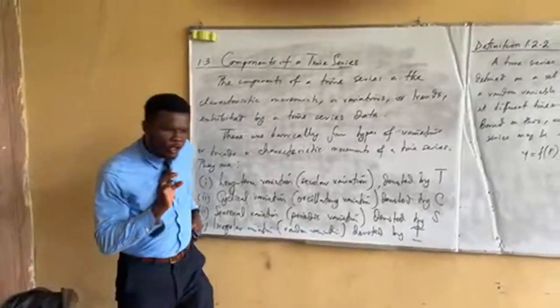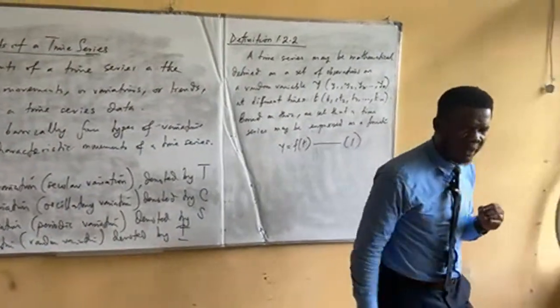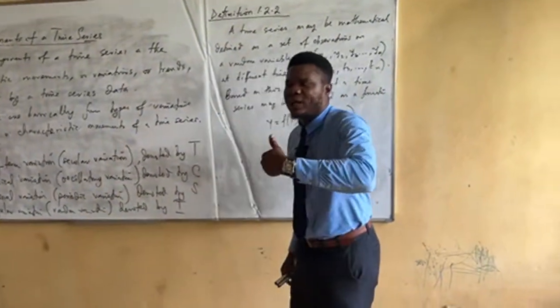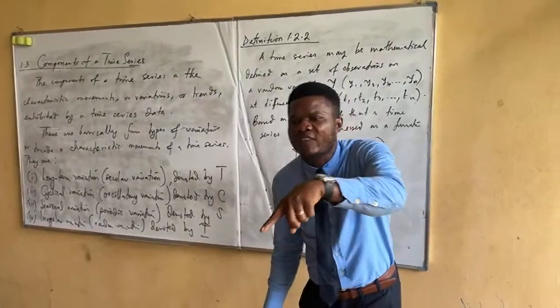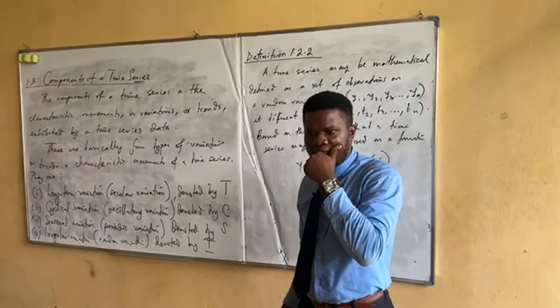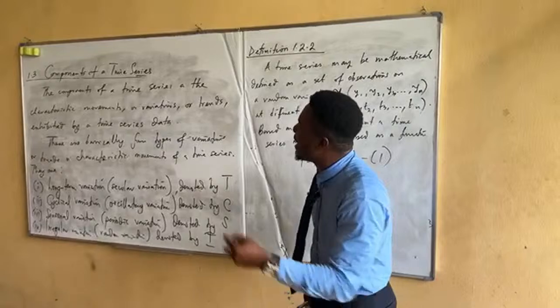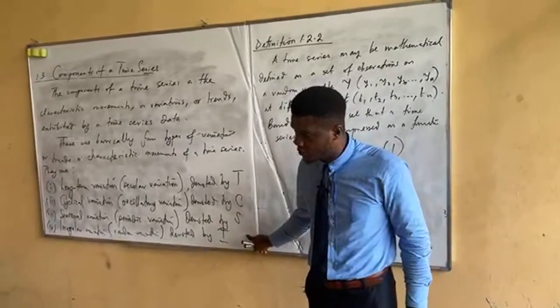Now, you will notice that number 1 under this subtopic, what have we talked about? We did not just go into mentioning them, right? We started with describing to whoever listens to us what we are referring to as the components of what? A time series. Then, after answering the question, what are components of a time series? We now progress to what? Mentioning them. Is it not so?